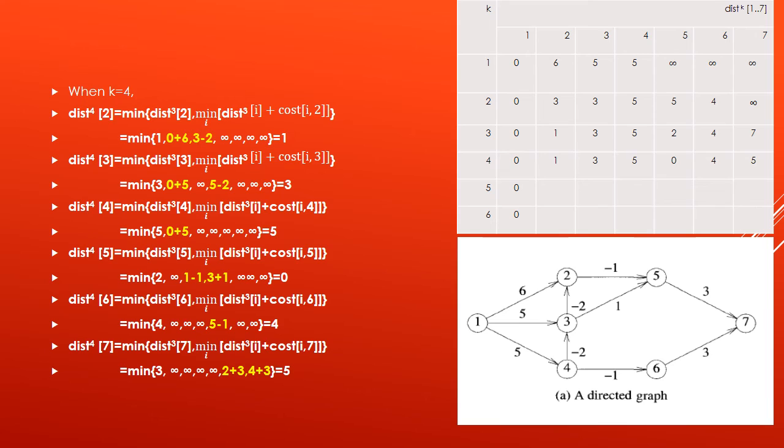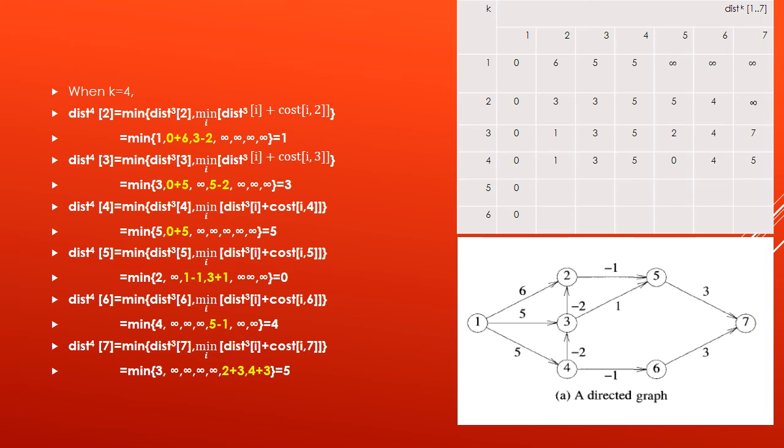Okay, so I have written here, and now 2 has links from only 1 and 3. So that's why I've written 1's distance as 0 and 1 to 2 distance as 6. Similarly, 3's previous distance is 3, and 3 to 2 distance we have to add with minus 2, and remaining will be infinity. So the minimum distance would be 1.